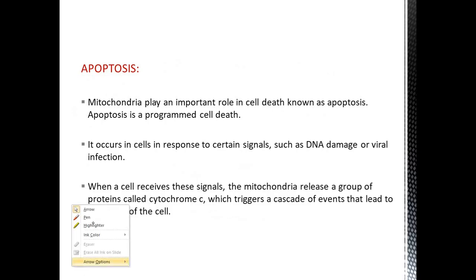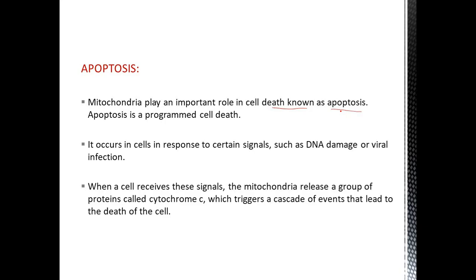Now come to another term, apoptosis. Mitochondria play an important role in cell death, known as apoptosis. From the very beginning of this chapter, I discussed that the cell is considered a mini god because it can generate itself by cell division, operate all its biochemical and cellular activities, and it regulates its own death.